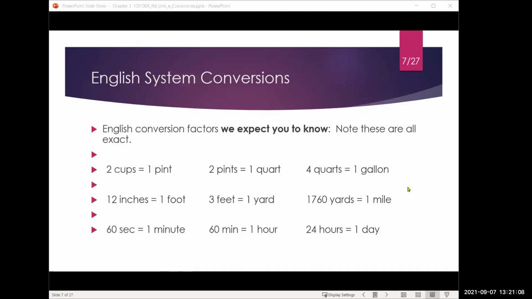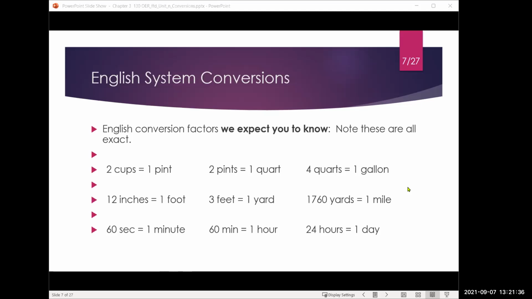All right, so these are the factors that we gave you in English: 1 cup, 1 pint. Obviously we know 12 inches, 1 foot. If you don't, that's what it is. From the English units: 3 feet in a yard, 1760 yards in a mile. One that's not here: 5,280 feet in a mile. And obviously 60 seconds in a minute, 60 minutes in an hour, 24 hours in a day.